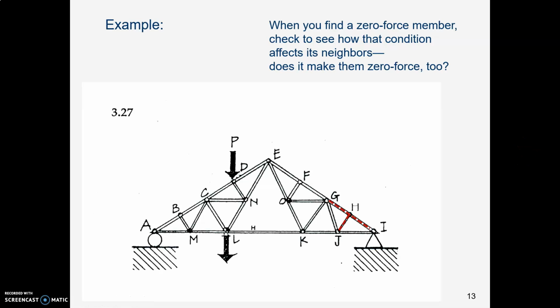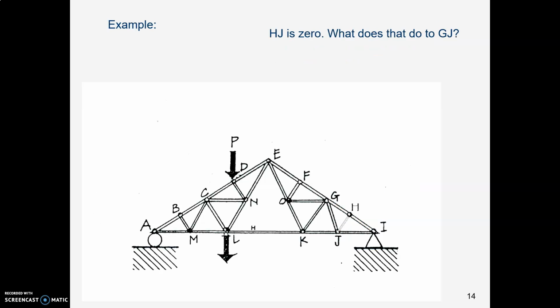So let's look at joint H there. 3 forces in that joint, 2 of them are in a straight line, so the third one must be 0. HJ is 0 right there. Okay, and I've kind of whited out HJ now because it went away. It's 0. HJ is 0. What does that do to bar GJ here?